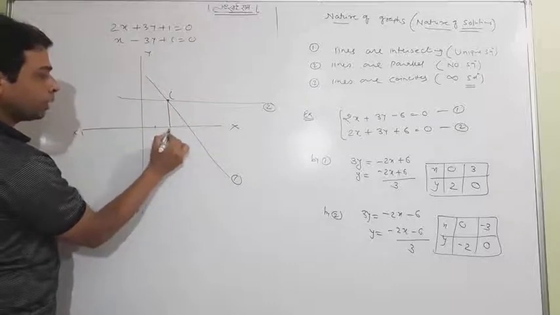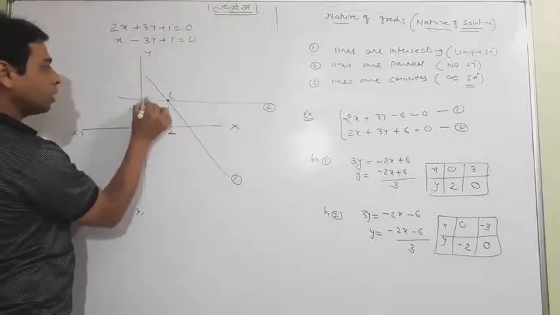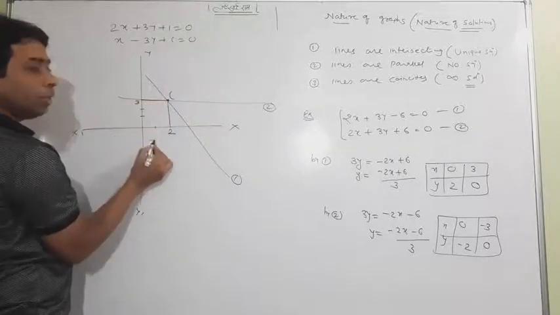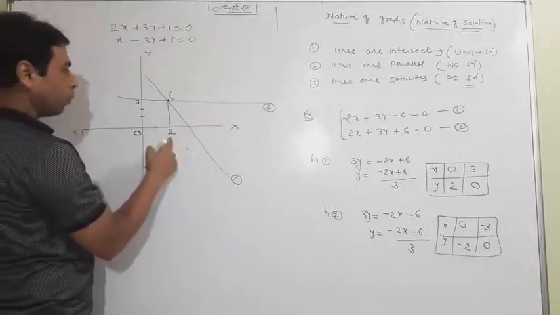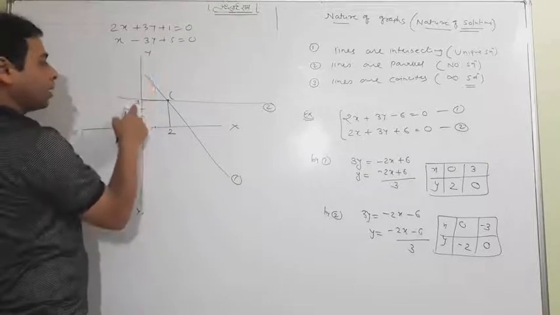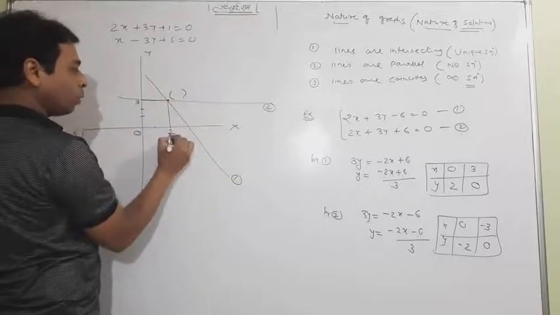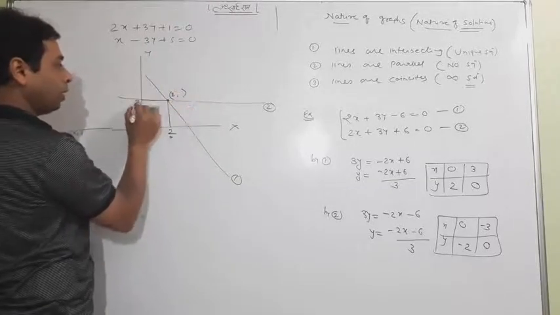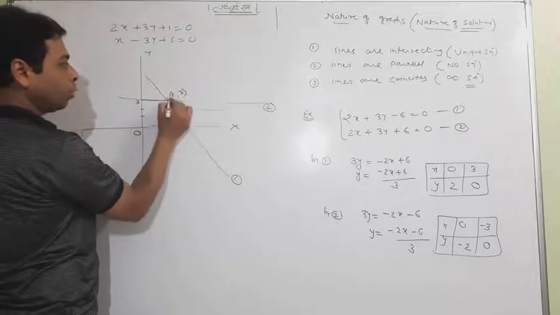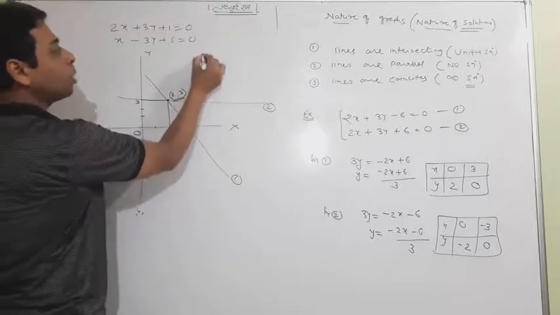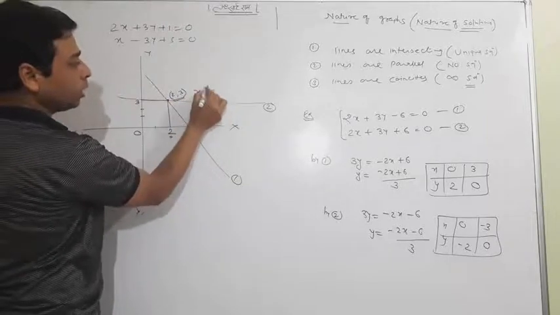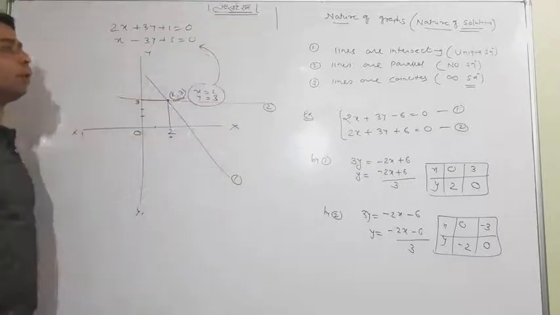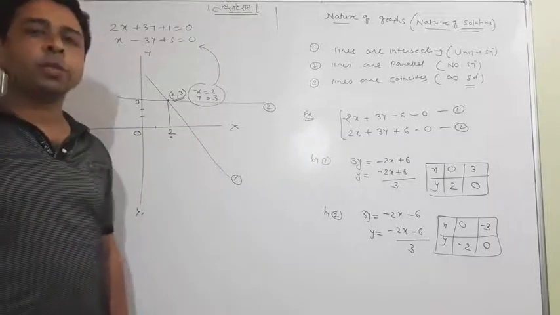Suppose it is 1, 2, and 3. It meets the x-axis at 2 and the y-axis at 3, meaning the value of x is 2 for that point and the value of y is 3. So this point 2, 3 is x and y: x is equal to 2, y is equal to 3. These are the solution of this particular pair of linear equations.